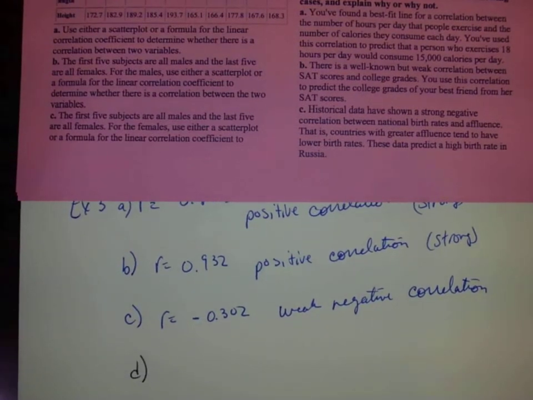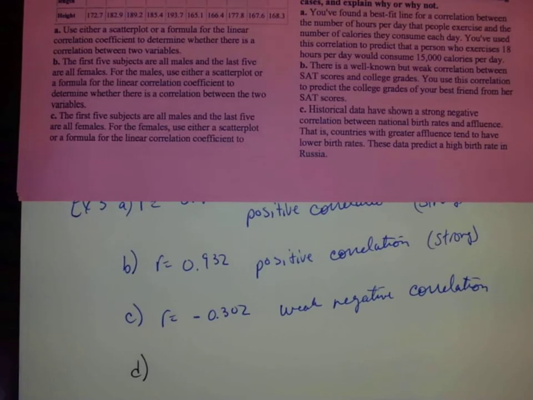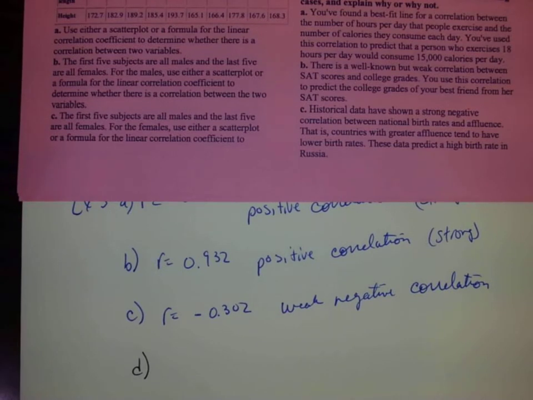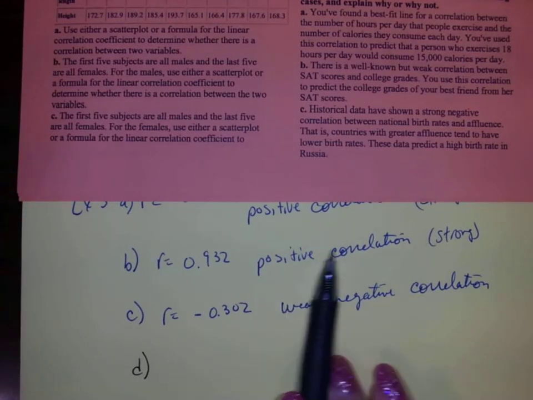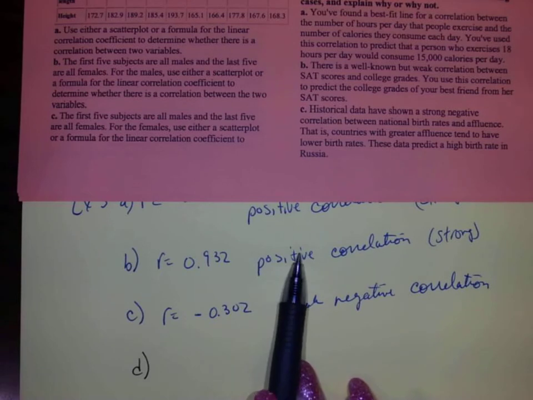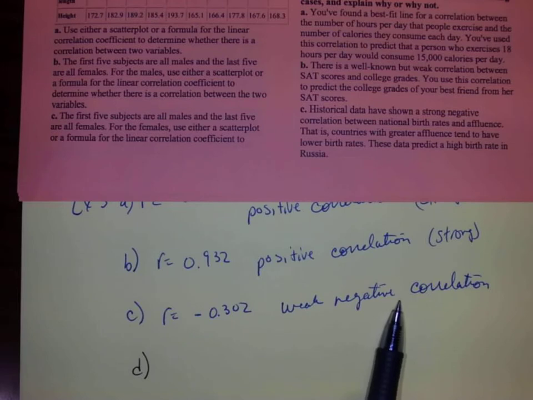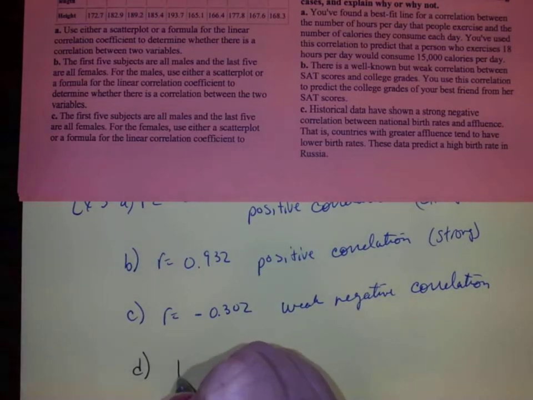And D asks us, do the results make sense? It doesn't make sense to me that there would be a positive, strong correlation for men and a weak negative for females. You would think that if the men were strong, the women would be strong, or if the men were weak, the women would be too, as far as the correlation goes. So what we could look at is that the sample size is small, because we only have 10, right?